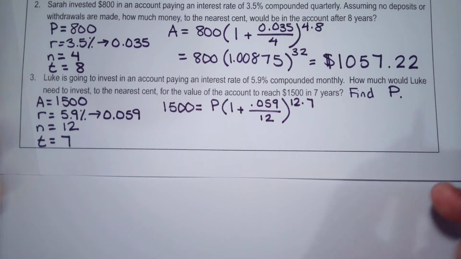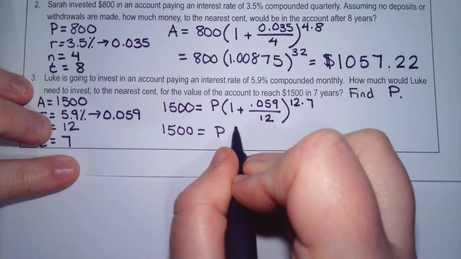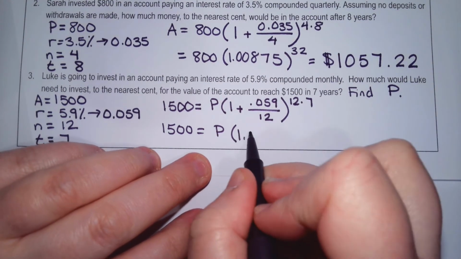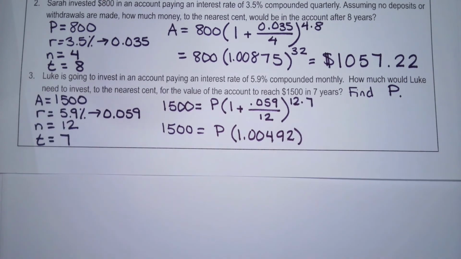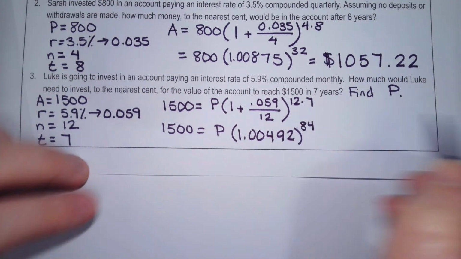So now we're going to have 1,500 is equal to P. I'm going to simplify inside the parentheses. So we have 1.00492 to the power of 84.